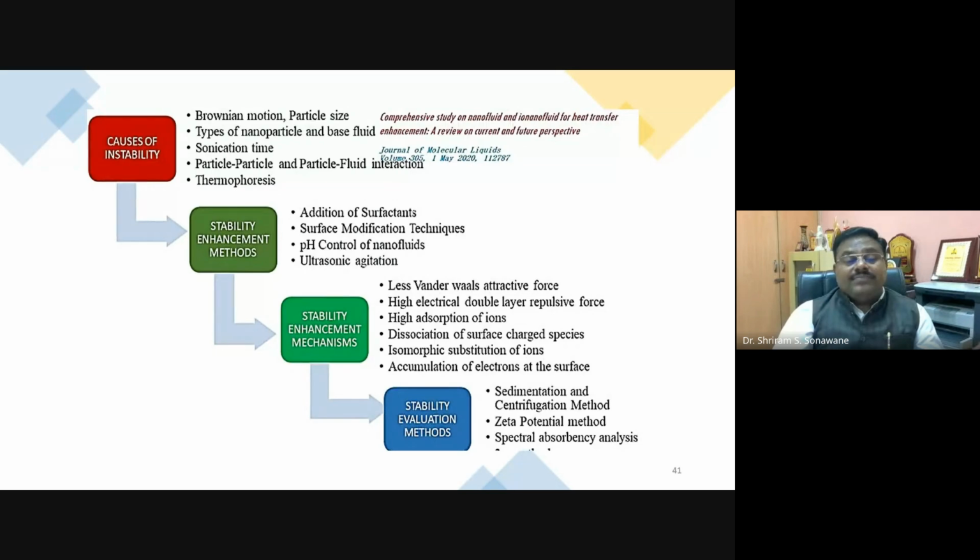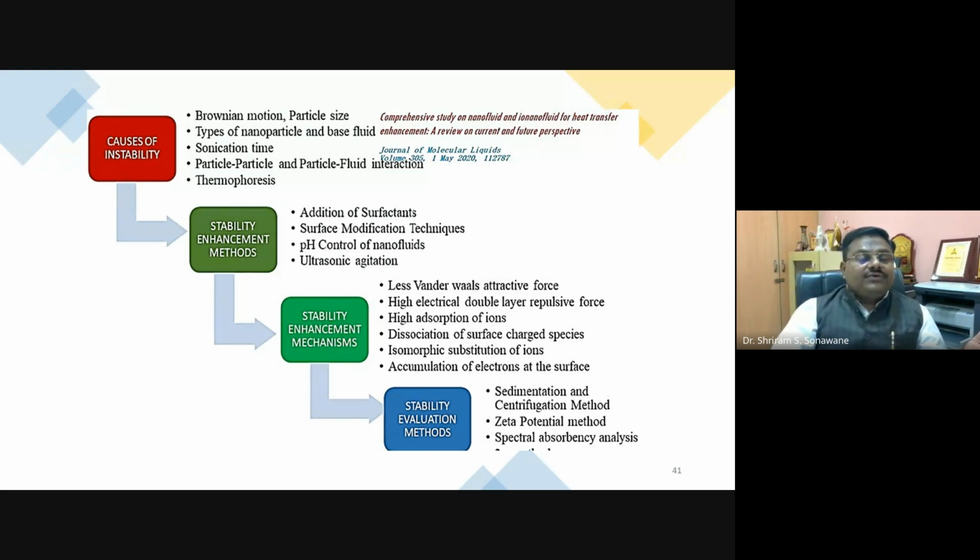If it is low or not used, then that is a cause of instability. Particle size and particle-fluid interaction are very, very important. Thermal bridging is one phenomenon which can be taken into consideration as a cause of instability.